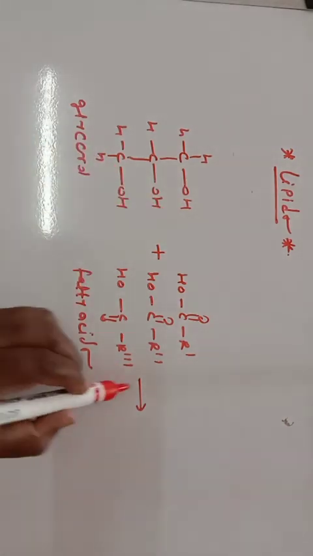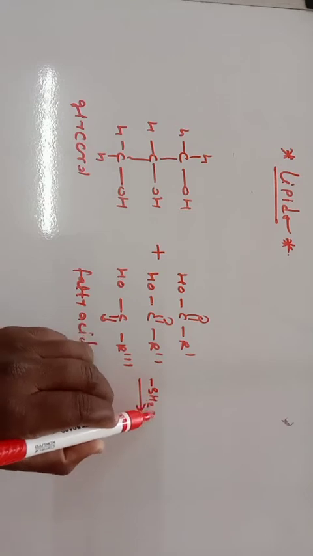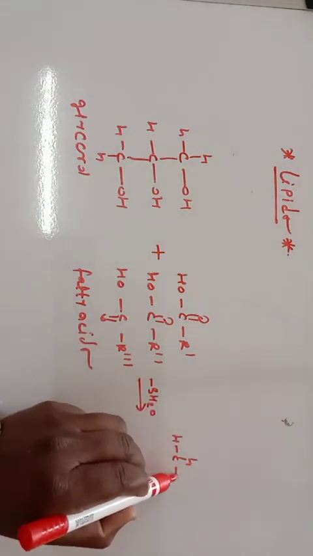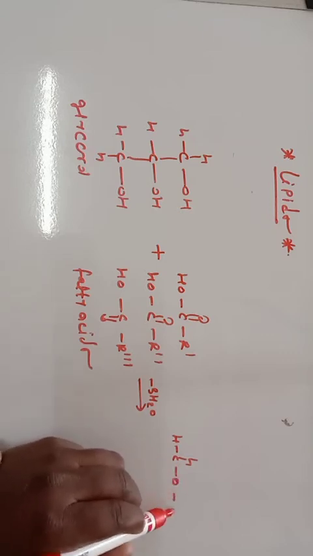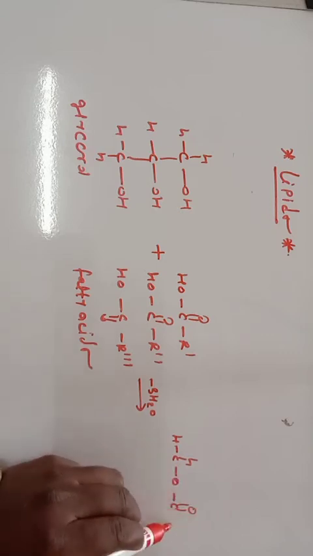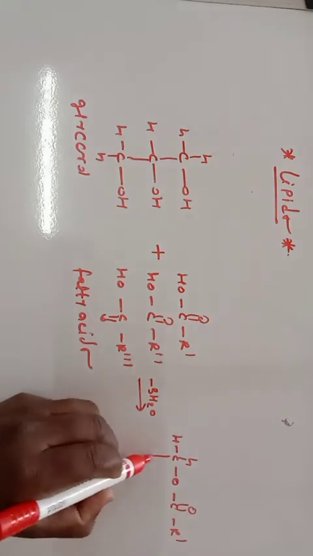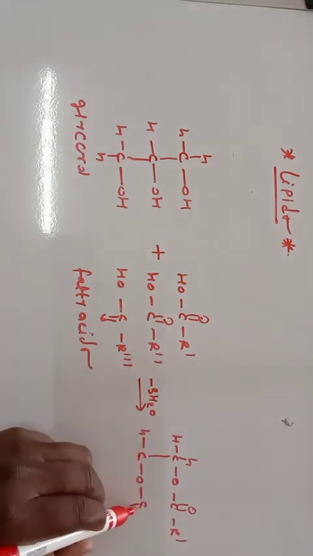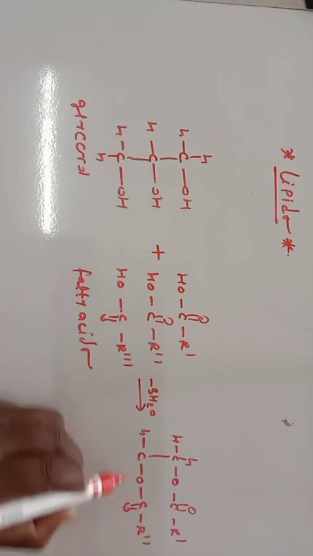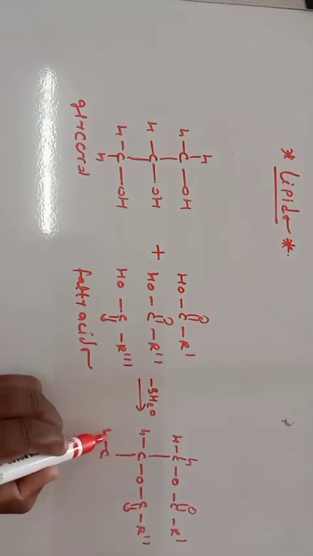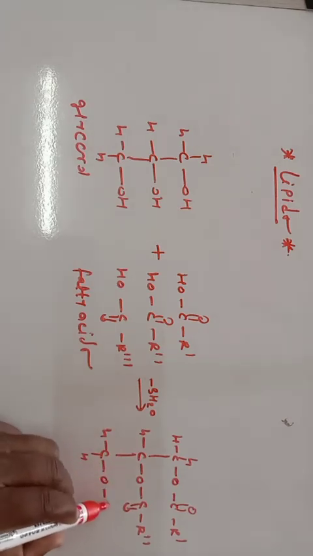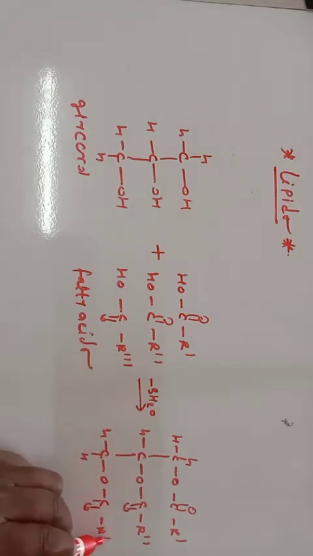So a total of three water molecules are lost, and we get here CH, O, C double bond O, R dash. Again, this carbon having hydrogen, oxygen, C double bond O, R double dash, and this carbon having two hydrogens, and this having O, C double bond O, R triple dash.